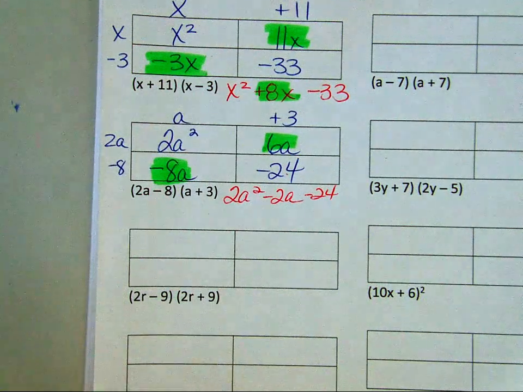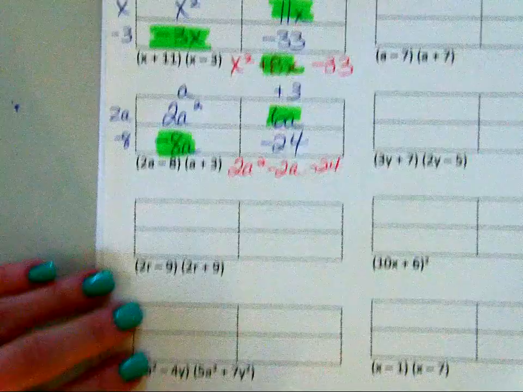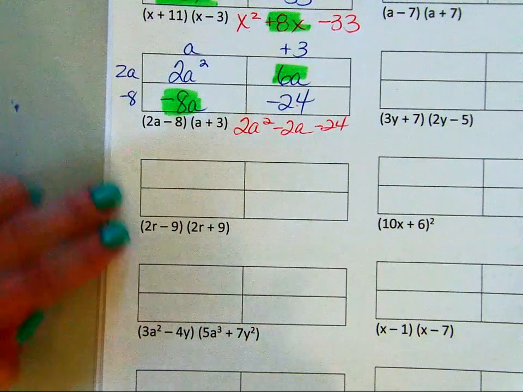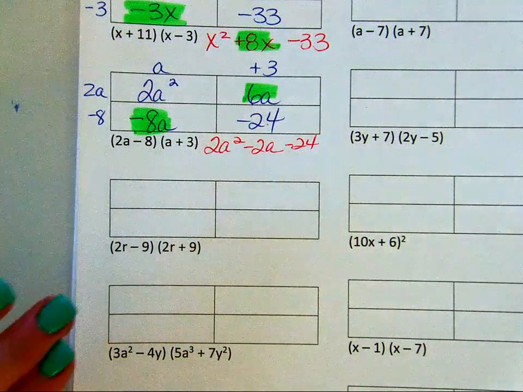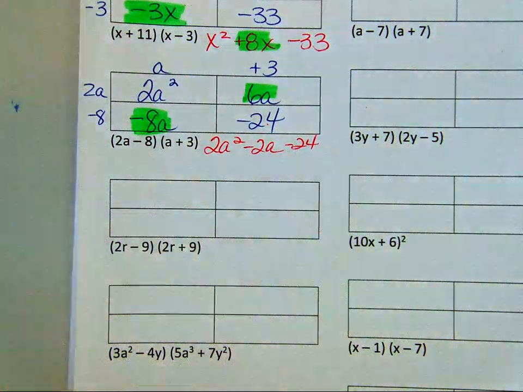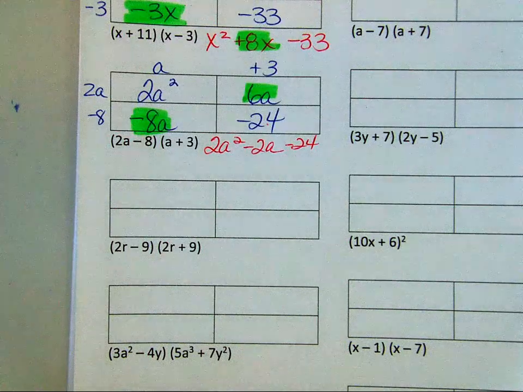Let's take a look at this one right here. Go ahead and start from scratch on this one. Set this one up. Hey, does this look like a problem we may have done? 2r plus 9, 2r minus 9. Go ahead and set that up.